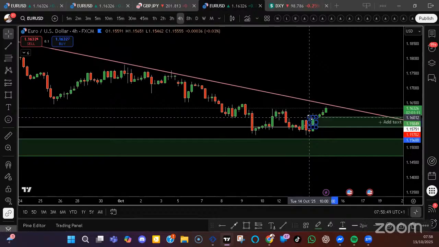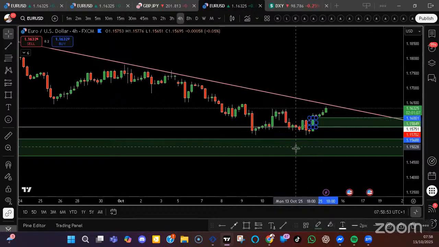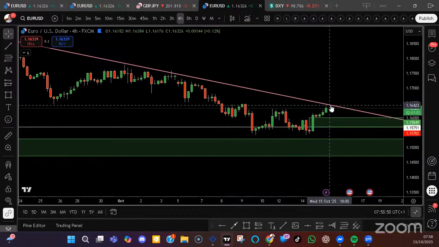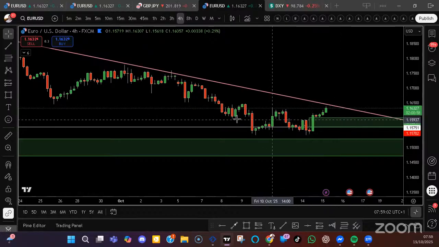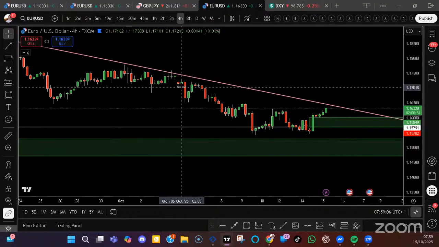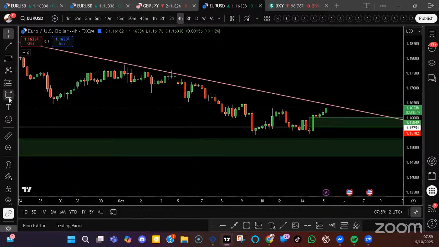So we'll draw that up, and that's nearer the daily imbalance that we see down there. So is price going to go up there and then come back down to knock out this imbalance? Or is it going to carry on up to this imbalance up here? We have imbalance up here, so we'll certainly mark that out.